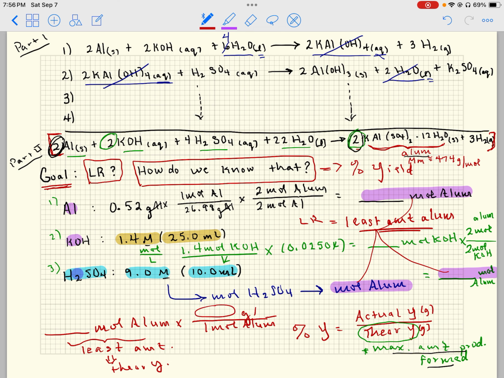And then this would be your theoretical yield, that would then go into your percent yield equation. Because again, the limiting reactant always tells you the maximum amount of product that you can form. And that's why when you look at it and determine it, it is the least number of moles of alum in this case as the product. And that will be for your lab report.